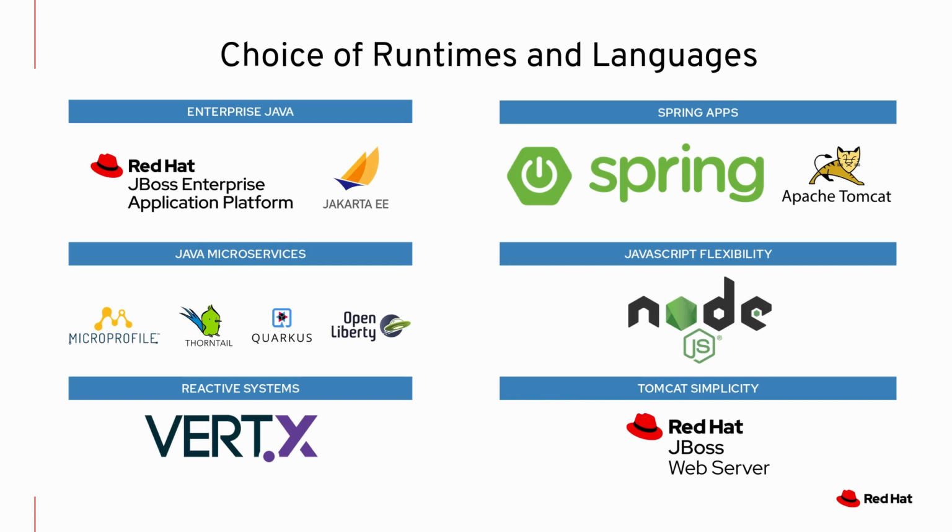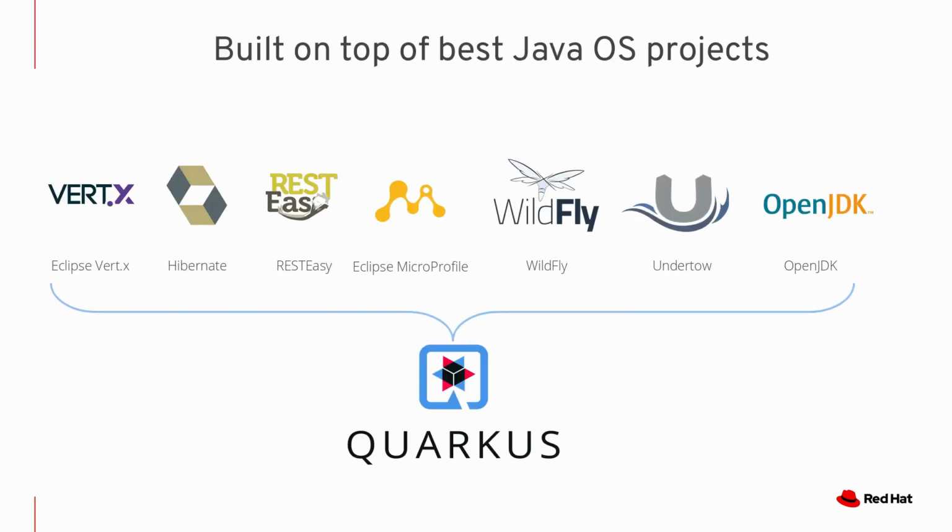So the one framework I would like to specifically focus on here, the newcomer, is the Quarkus framework. The Quarkus framework has been built on top of existing, mostly Java enterprise, frameworks and components like OpenJDK, of course, WildFly, MicroProfile, and some implementations of this framework.